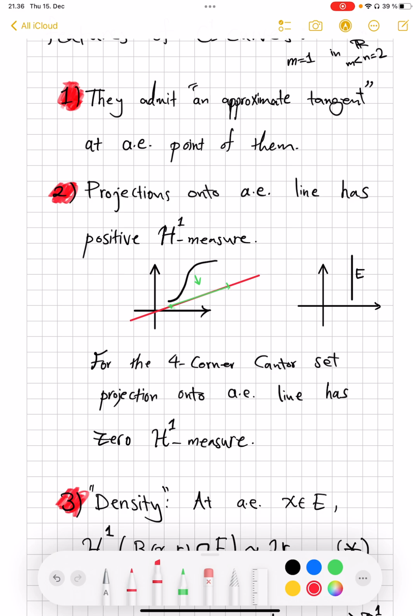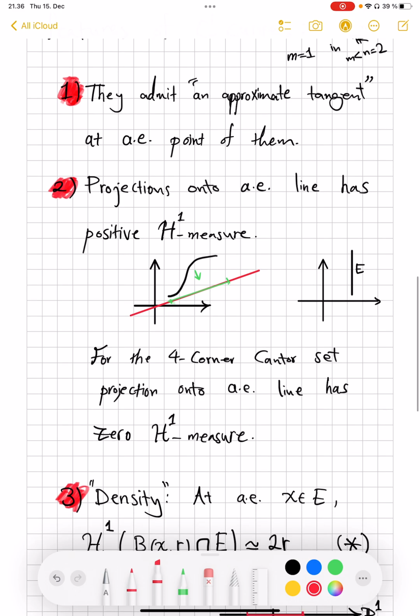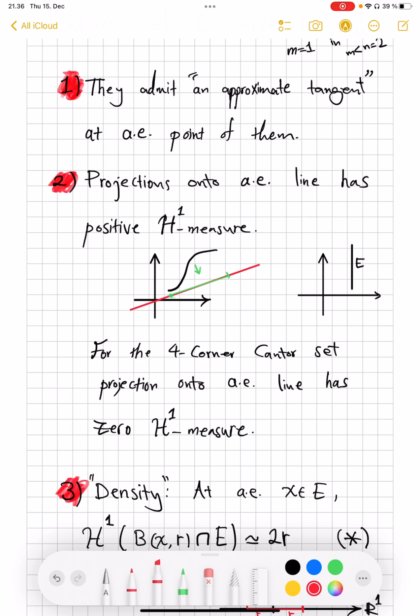So even if you don't know at this point, since I didn't give you the very definition of rectifiability, you can rephrase it in the following way and still see how surprising it is. What we're saying is that if for a set property 1 holds, then properties 2 and 3 also hold. For example, for dimension 1 in R2, this was proven by Besicovitch, and the generalization for this one, it's safe to say, was due to Federer.